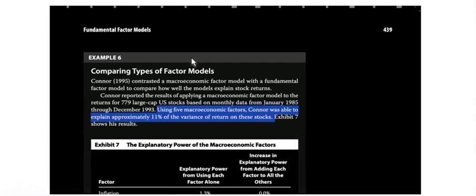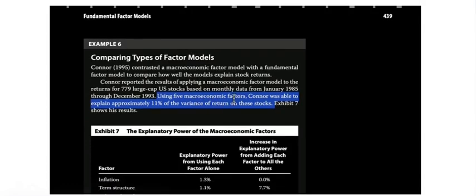Connor reported the results of applying a macroeconomic factor model to the returns for 779 large-cap U.S. stocks based on monthly data from January 85 through December 93. All right, 779 stocks. We have the time period. We know what we're doing. We're going to construct a fundamental model and a macro model, and we're going to compare them.